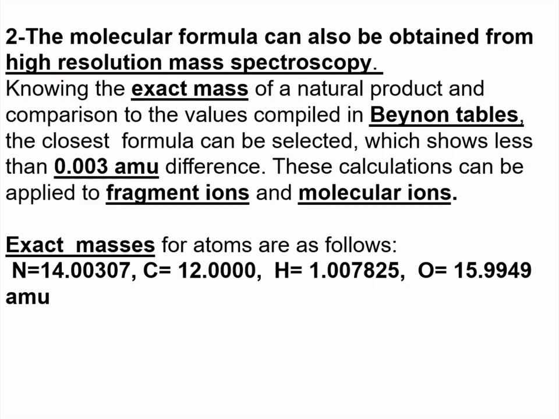Comparing this exact molecular weight to a combination of data known as binary tables, you can obtain the formula of the compound. The observed exact molecular weight should not differ from the molecular formula by more than 0.003 atomic mass units.